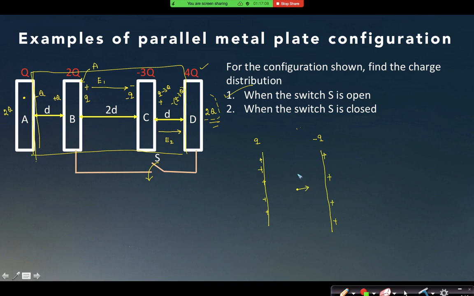This electric field due to this plus q is sigma by 2 epsilon naught, and electric field at this point due to this minus q charge will also be in the same direction or in opposite direction? Same direction. And it is also sigma by 2 epsilon naught. Now if you add this, what will you get actually? So in that way you can also do that.